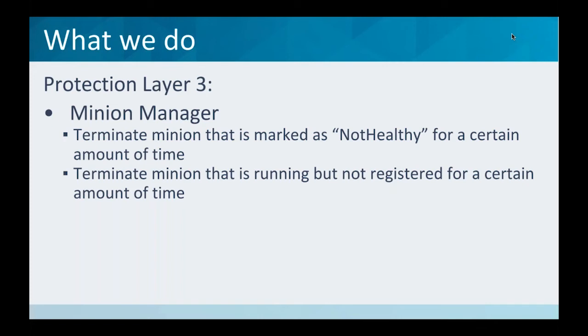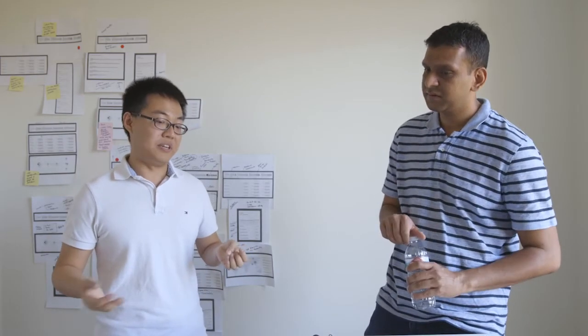Kubernetes has a node controller running inside the master, receiving heartbeats from the minion. If the kubelet is down or Docker is down or anything goes wrong, it will mark the node as not healthy. So if the node stays in the not healthy state for a long time, we terminate the node, because we know the node is wrong and our local fix doesn't work. That's money down the drain. Exactly. You're paying for the instances in AWS, but you're not really using this instance.